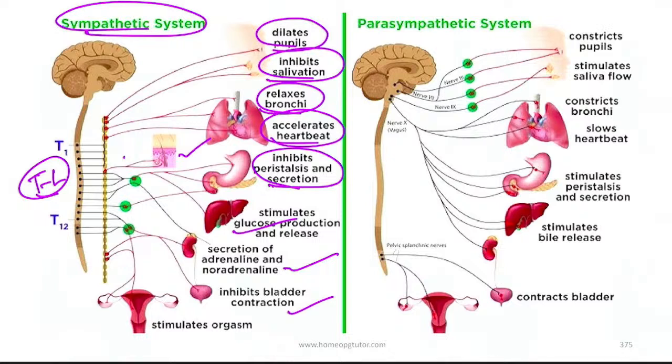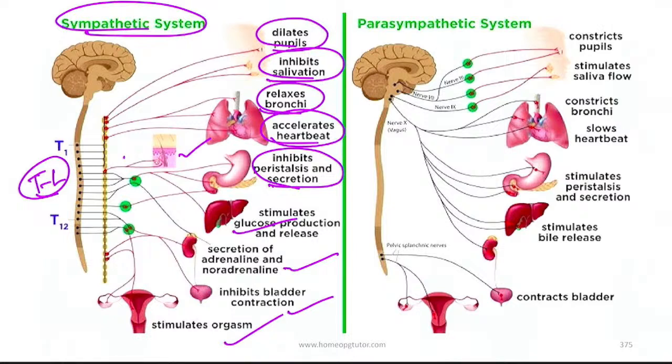Another thing is it will stimulate orgasm. So these things are responsible via this thoracolumbar outflow, via the noradrenergic response, via the sympathetic nervous system, for fight, flight or fright.